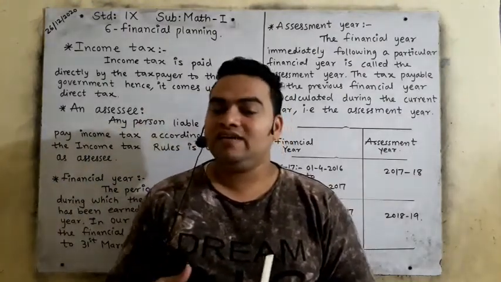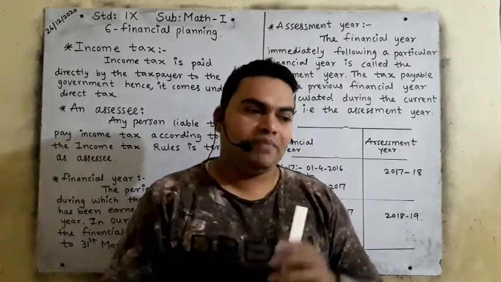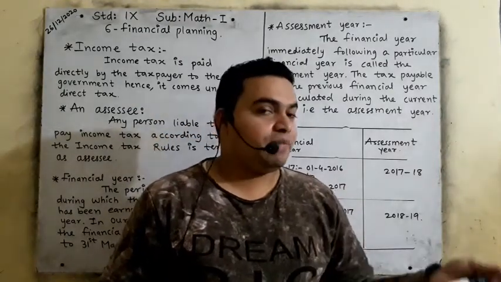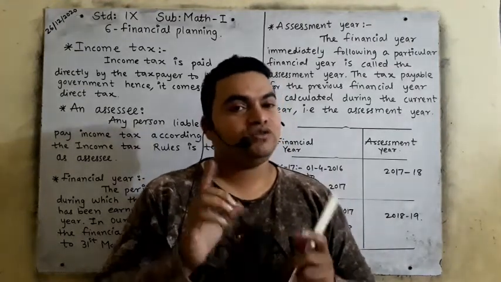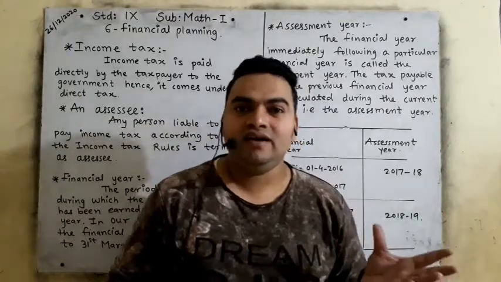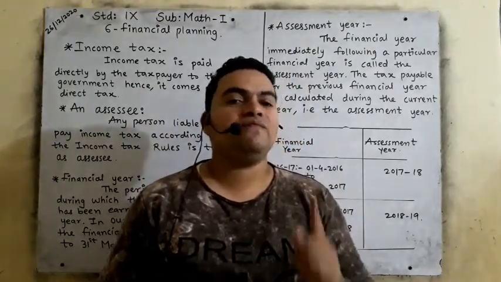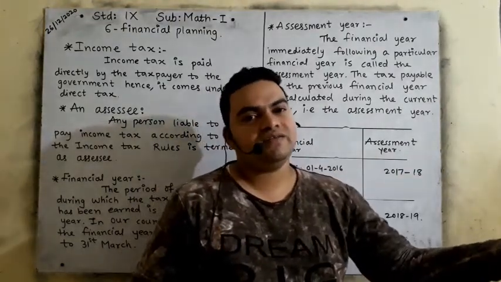The financial year has started from 1st April 2020, and it will end in the upcoming year, on 31st March 2021. So this is called the financial year. It starts from 1st April and ends on 31st March of the next year.